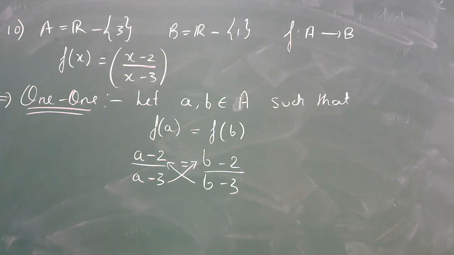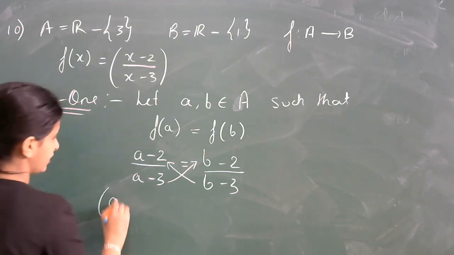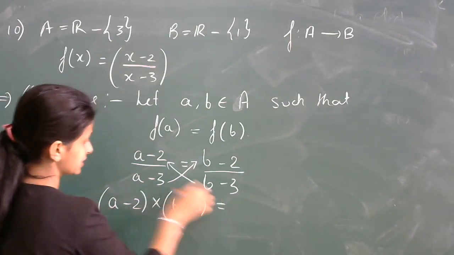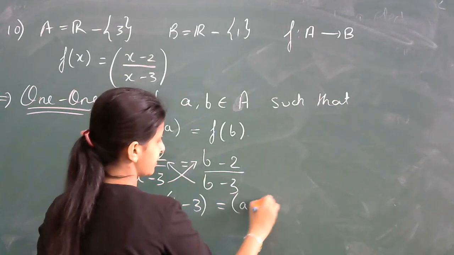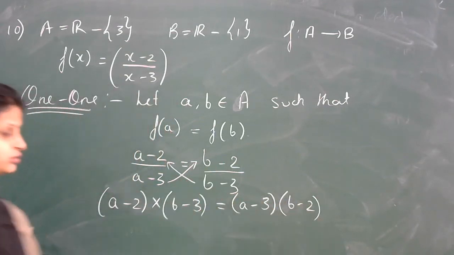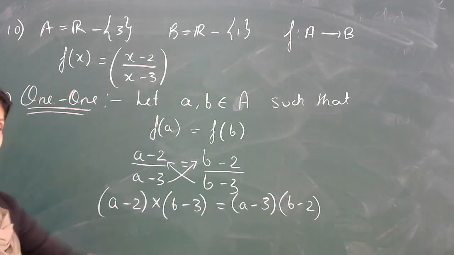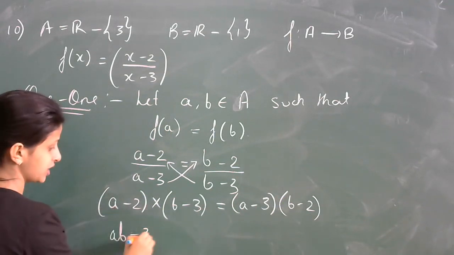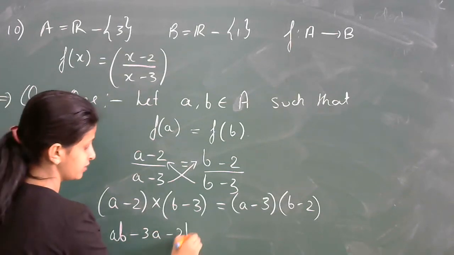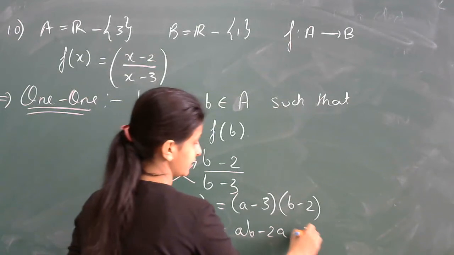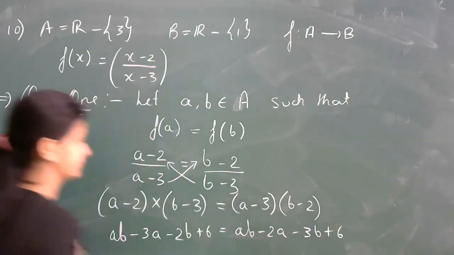Yes? a minus 2 into b minus 3, this and this multiply. Next, a minus 3 into b minus 2, multiply these two. So if you multiply these two, what will you get? a into b, ab, minus 3a, minus 2b, plus 6. And ab, minus 2a, minus 3b, plus 6.